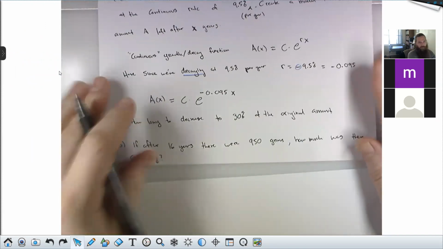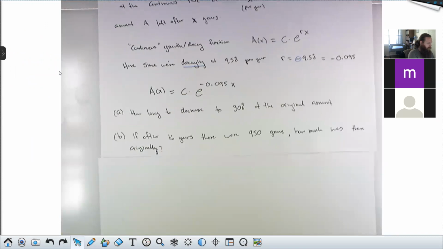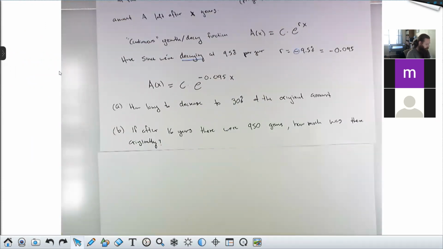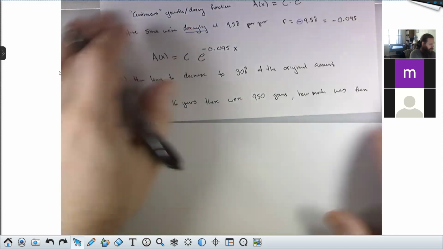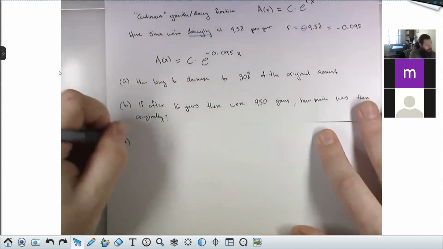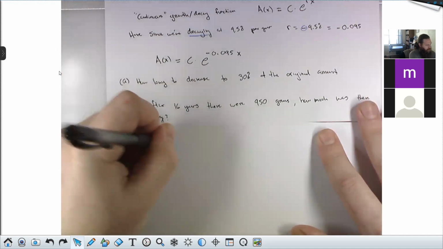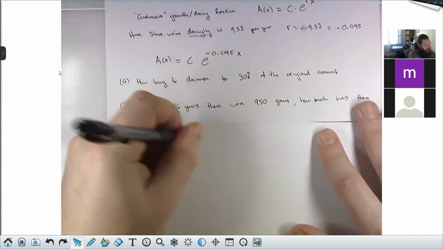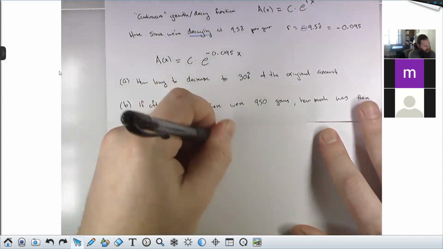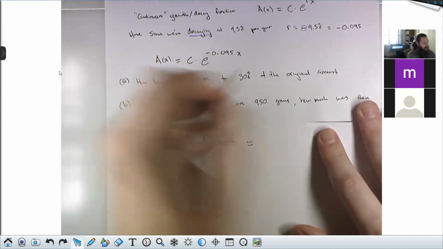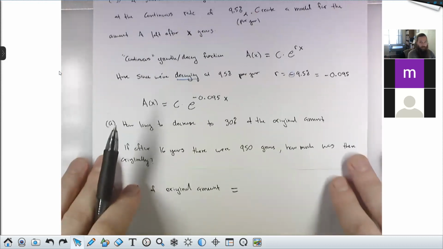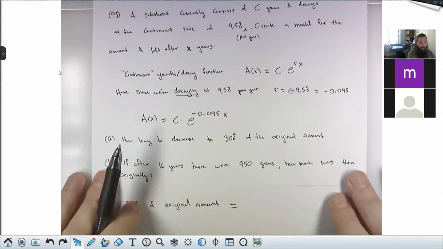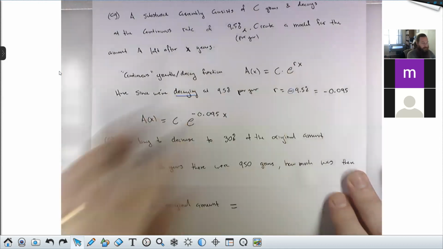All right. So for part A, 30% of the original amount. Well, the original amount is C, right? Originally there was C grams.